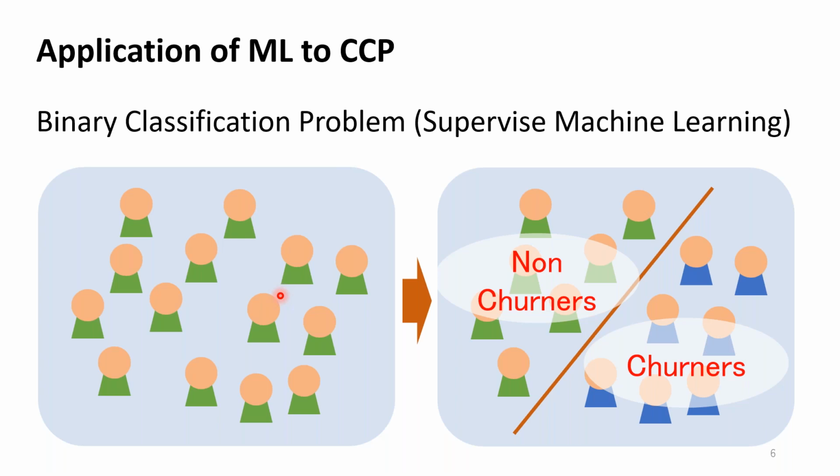Customer churn prediction can be defined as a binary classification problem, in which customers are classified into two classes, churners and non-churners. Since classification is a type of problem that can be addressed by supervised machine learning, marketing analysts mostly apply machine learning techniques to customer churn prediction. And many studies showed the effectiveness of such application of supervised machine learning.